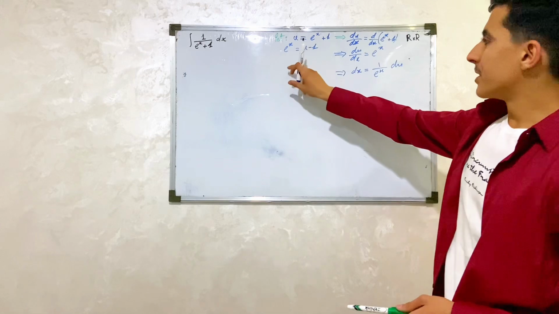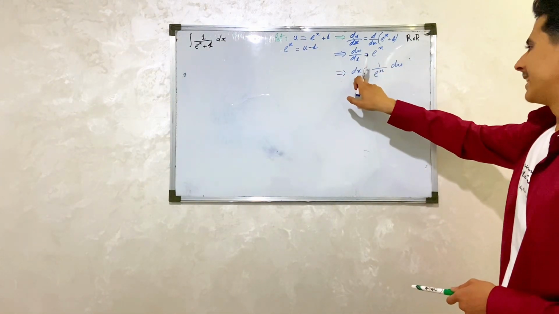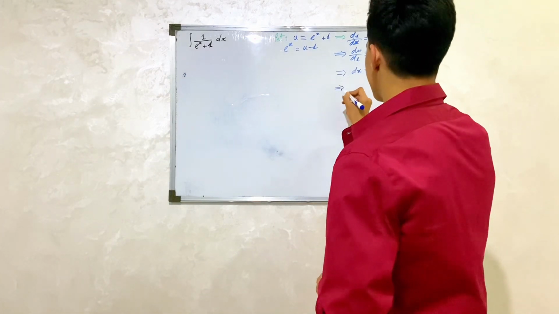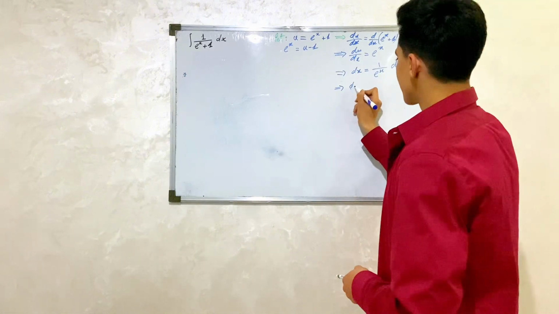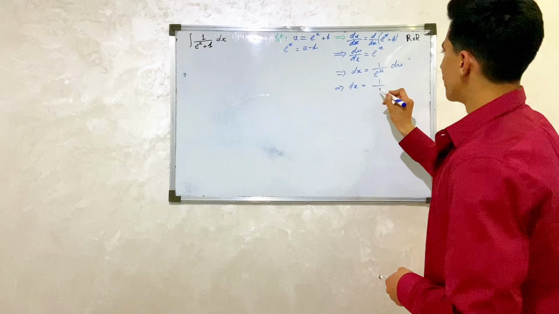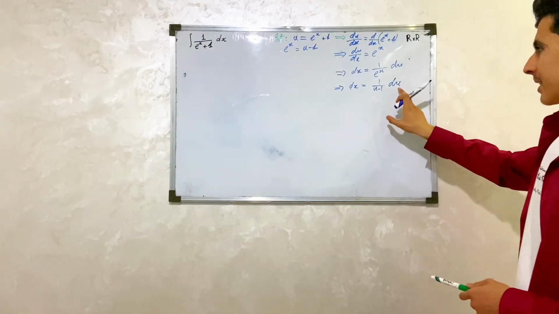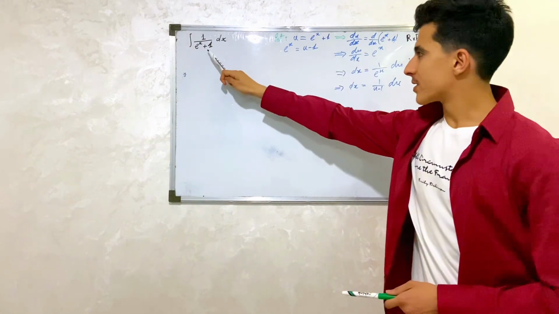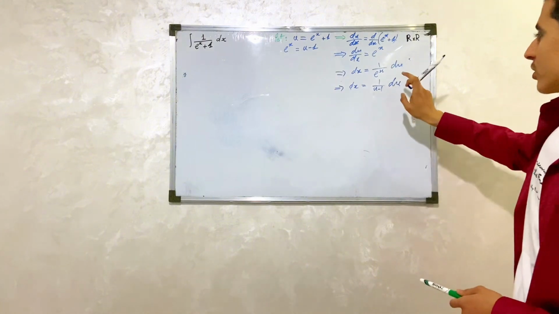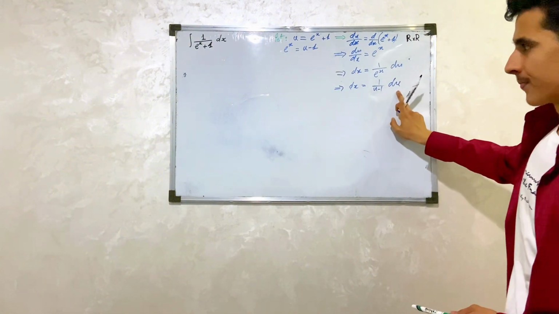So we are going to replace the value of e to the x in here so that we get a value of dx in terms of u. So dx equals 1 over u minus 1 du. Just going to replace this with its new value, which is u, and we are going to replace dx with its new value, which is 1 over u minus 1 du.